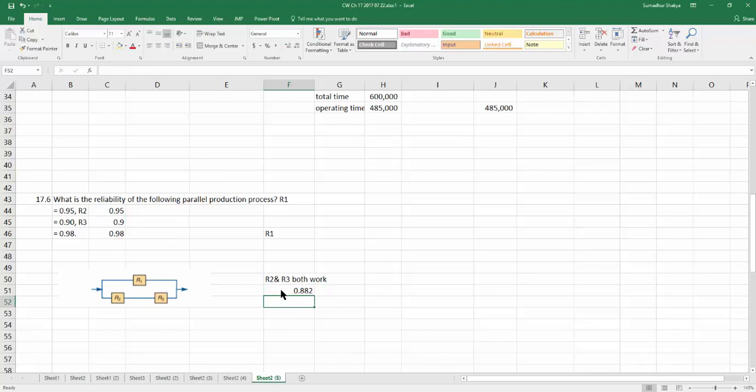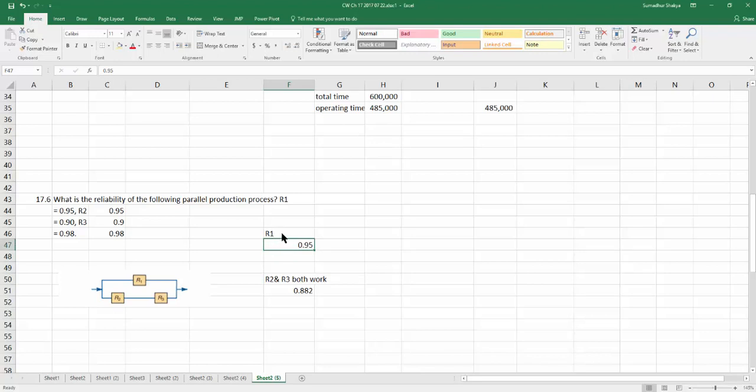Simple. Now, as a reminder, the combined probability of both R2 and R3 working is less than the individual probabilities. Okay. Now R1 has a probability of working 95% of the time.